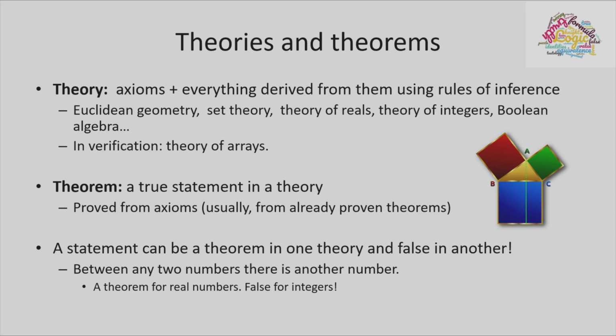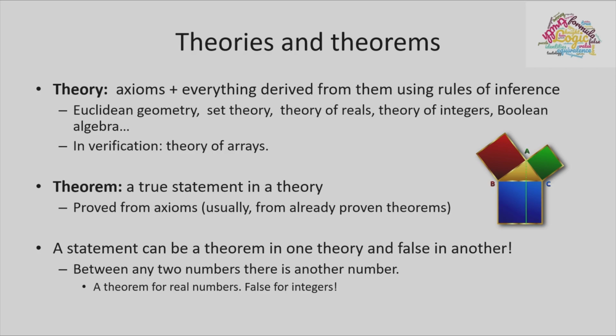In mathematics, the theories that you see are things like geometry, set theory, theory of integers. In computer science, you see a lot of additional theories. For example, a theory that talks about programs and their memory accesses.